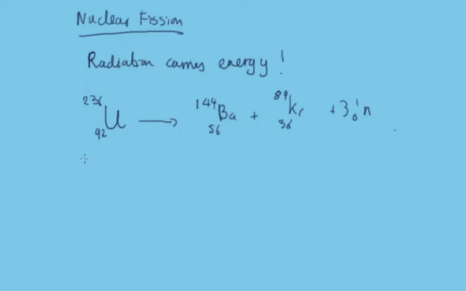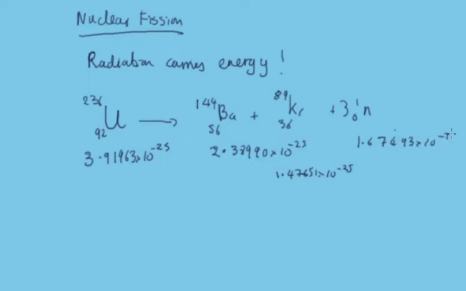So let's say the mass of the uranium, and then the mass of the daughter particles, put this one down here, and the one neutron is 1.67439 times 10 to the minus 27.